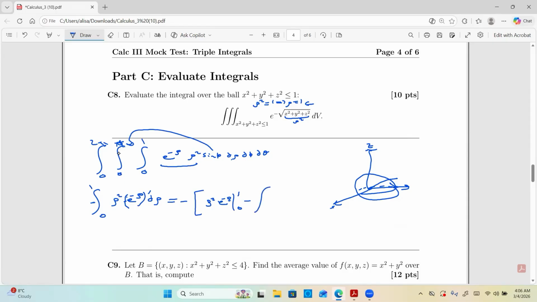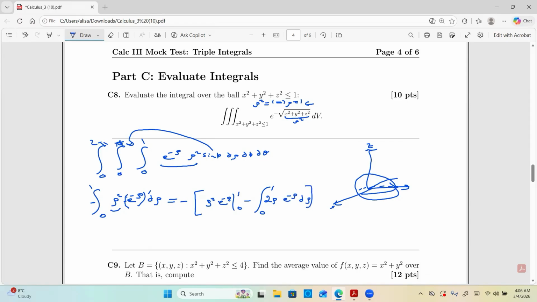minus the integral between 0 and 1, and now I differentiate this, so that's going to be 2 rho e to the minus rho d rho.